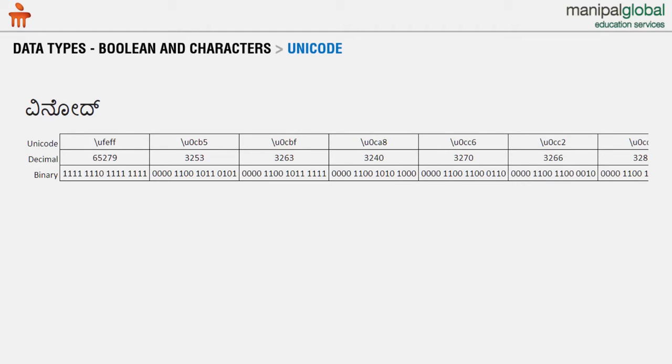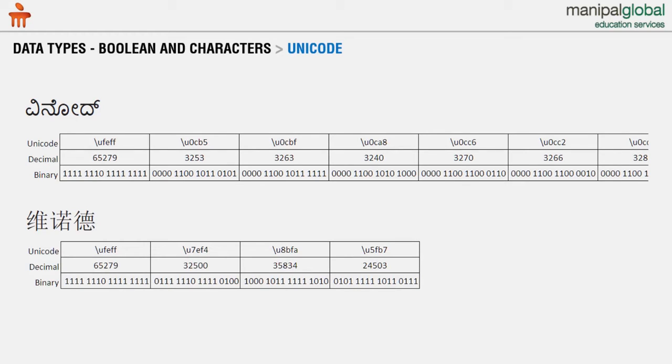Now the same thing can also be represented in a different language. For example, in Chinese, this is how my name looks. Now the Unicode will be different and smaller, but all of them are Unicode. Now to store the exact same number of characters, it is good enough.